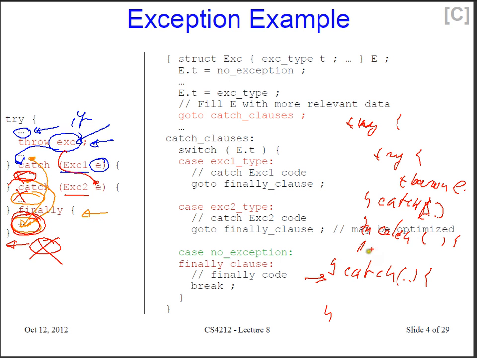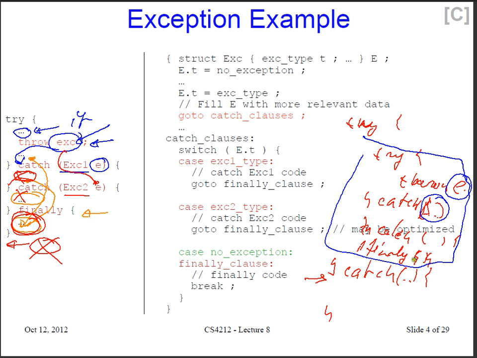However, if we have a finally field here, before the exception is rethrown, so now we are in the context of this try block. Before the exception is rethrown, remember, this exception doesn't match the catch here, and maybe it doesn't match the catch here either.